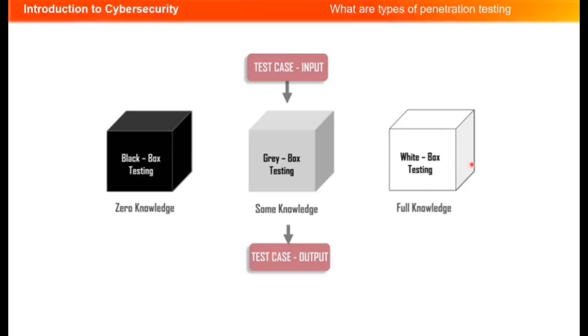And then white box testing can come from some kind of industrial espionage, full knowledge of the system, a rogue employee, an employee that has been terminated, a contractor that has gone in and gotten some knowledge. That is also a type of penetration testing.